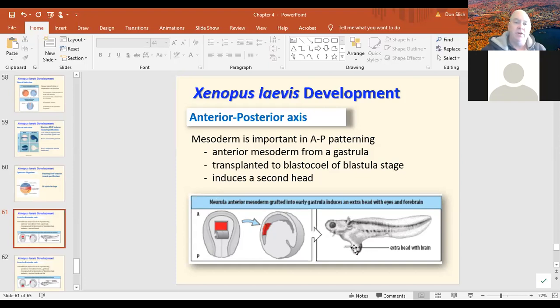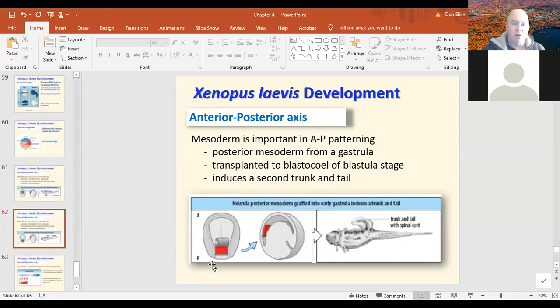So you've got a brain here and a brain here. What they're concluding is this anterior mesoderm is producing anterior neural structures, right? It's doing some anterior patterning on the neural tissue.